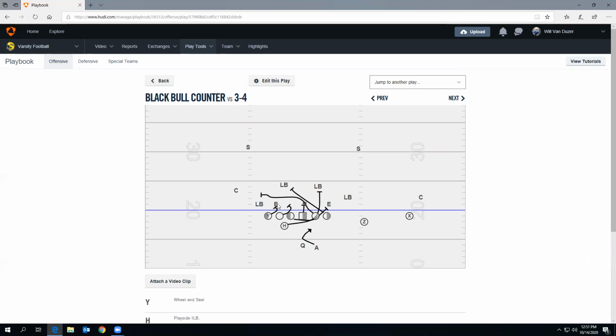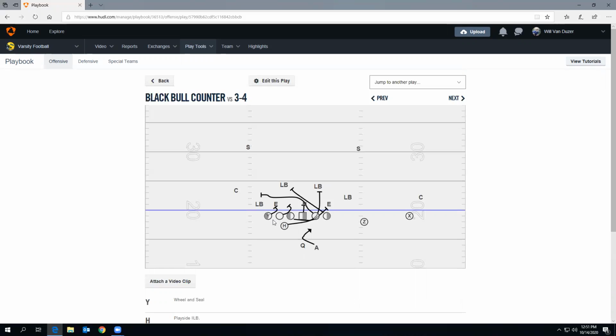You're going to step down hard. If there's someone in this C gap, you're going to try to log them. If there's no one in that C gap, then you're going to turn back and block whoever's back, and you're just going to try to wall off the backside. You're going to try to join the wall and step down and replace the tackle because the tackle is stepping down and replacing the guard, and we're trying to create a wall on the backside.